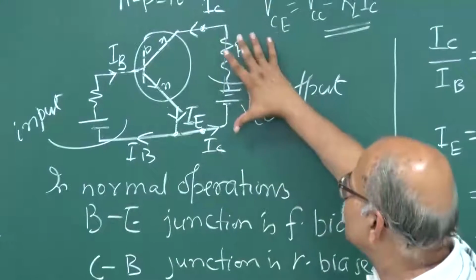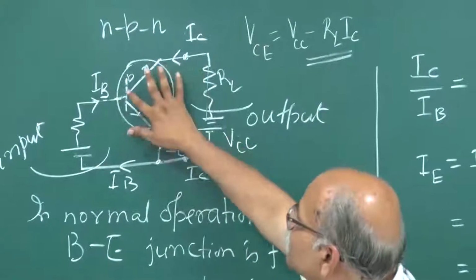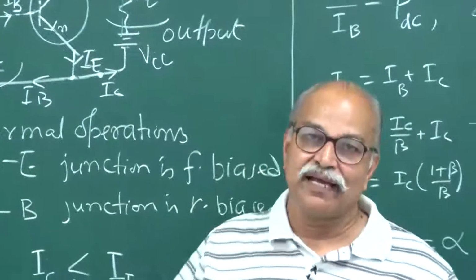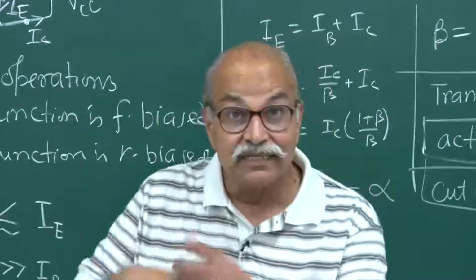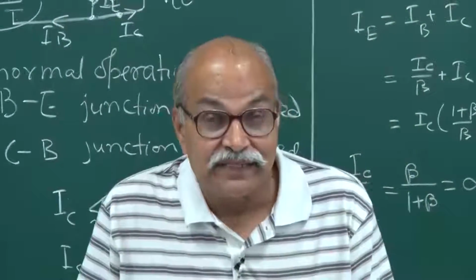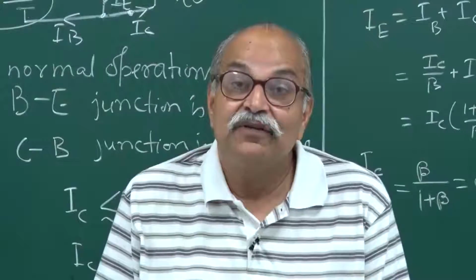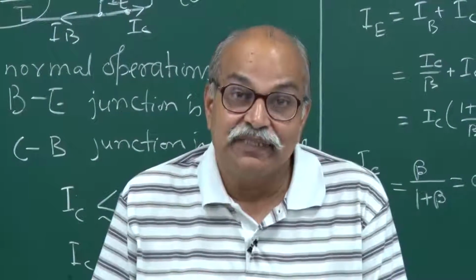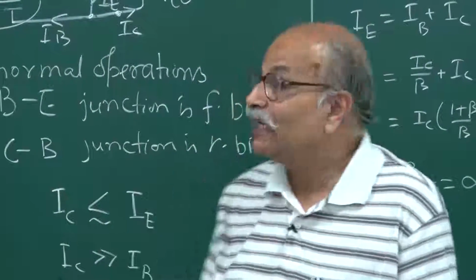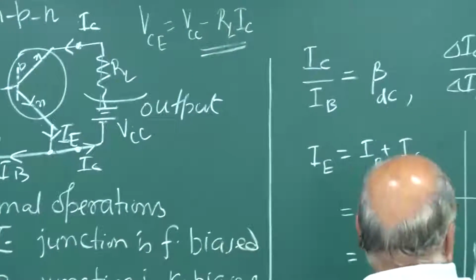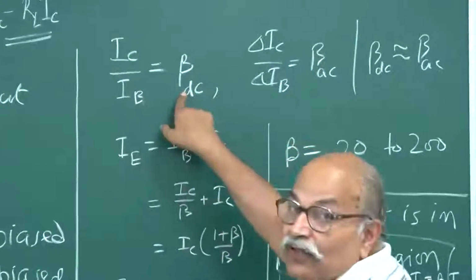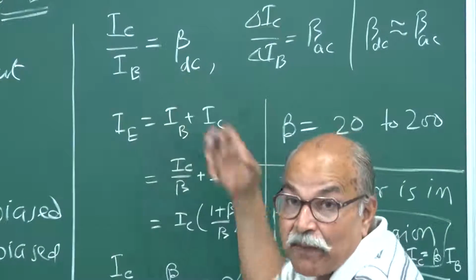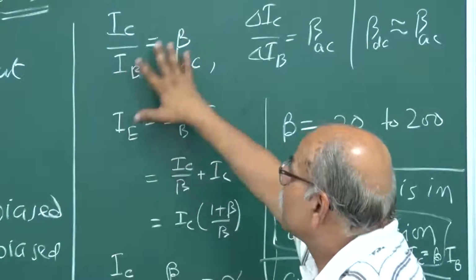So, if this VCE becomes small, then this base collector junction may be hardly reverse biased or zero biased, or in certain conditions may be forward biased. In that case, this mechanism will not work, and this relation, IC equal to beta times IB, will not hold, because the collector does not have the capability of drawing these many electrons.